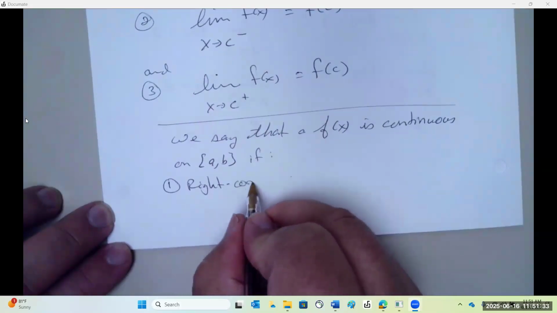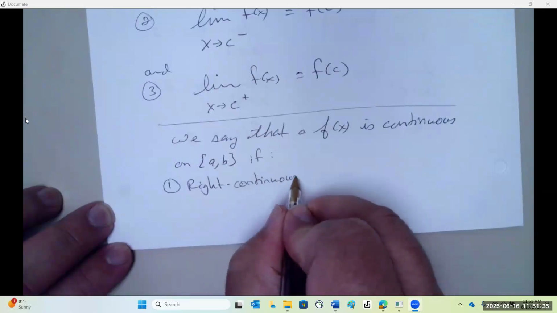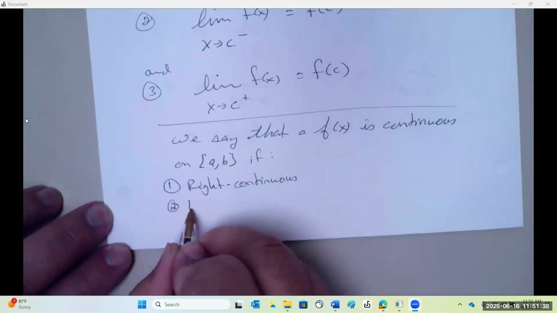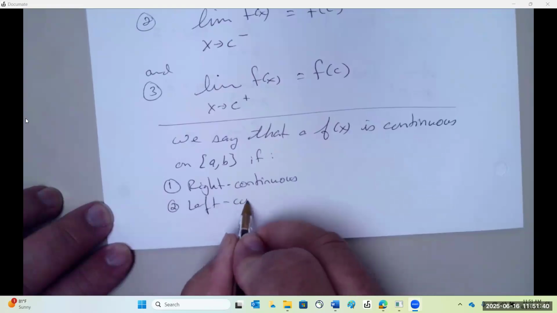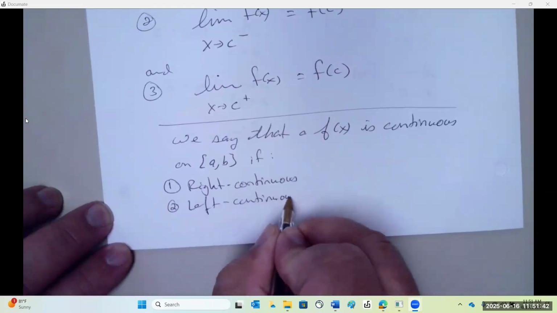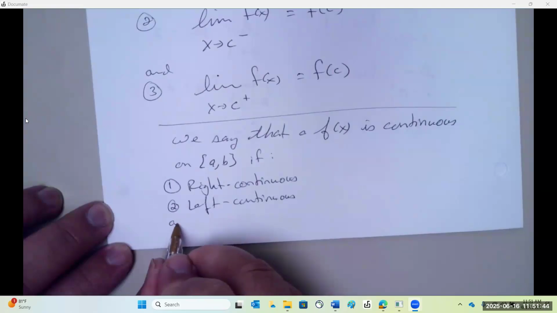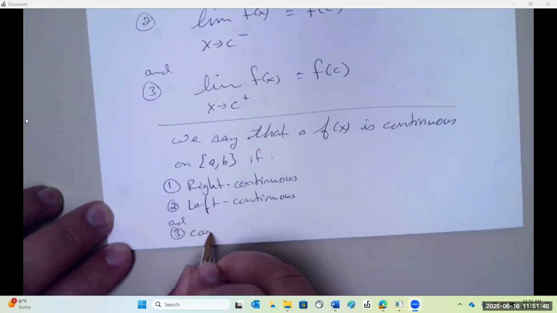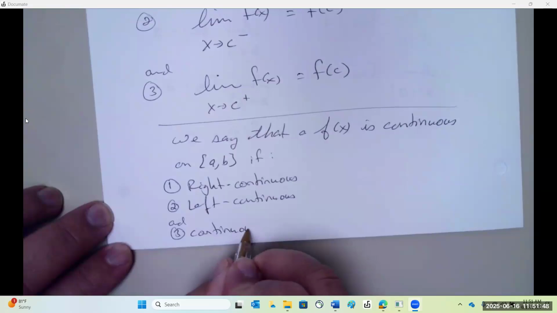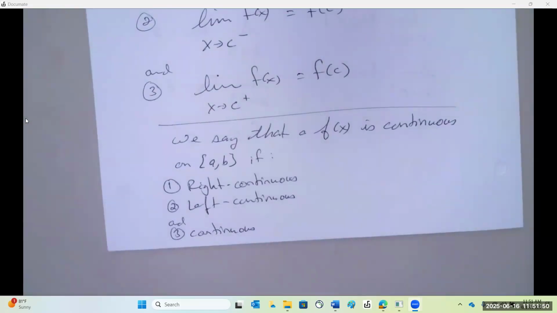It's right continuous, left continuous, and continuous. Why are those true statements? What does right continuous mean?